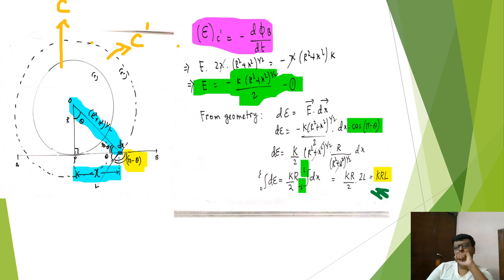Okay. So this is a common misconception among students, that which area we need to take. We always need to take the area about which we will calculate the flux, and obviously we will calculate the flux along that path which encloses that particular area, the boundary of which we want to take the line integral.